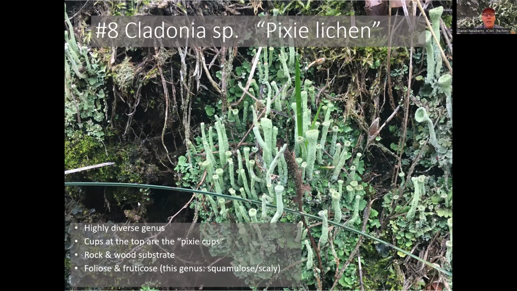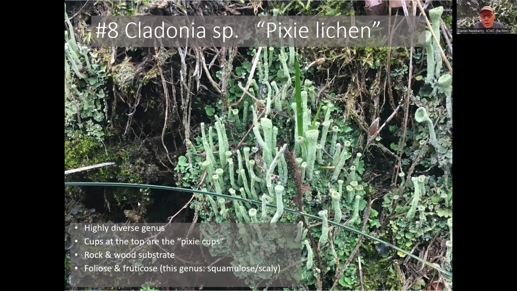And Cladonia is a huge genus in terms of the number of species. So I'm not going to try to get into identifying it. There are some people who even specialize just in this one genus. And you can find it on both rock and wood. I actually found this two blocks from the Johnson Creek Watershed Council office here in the Woodstock neighborhood in Portland.